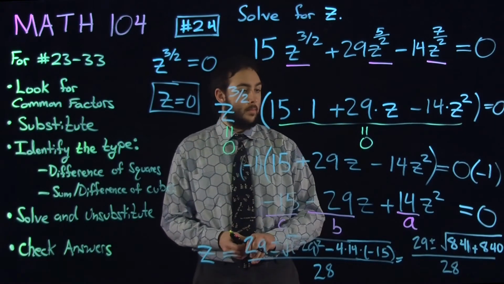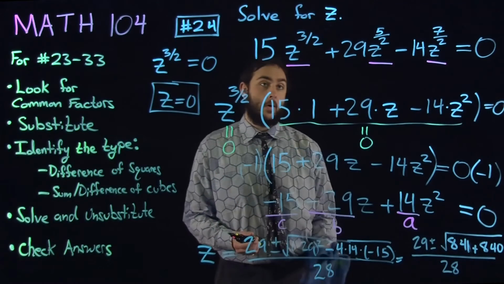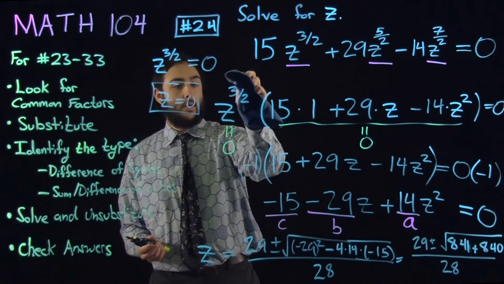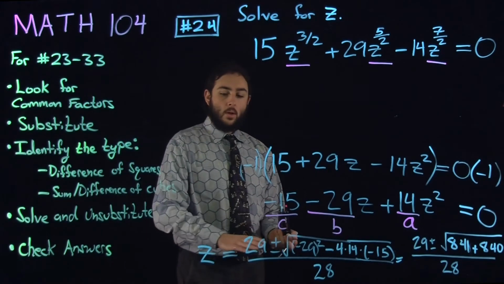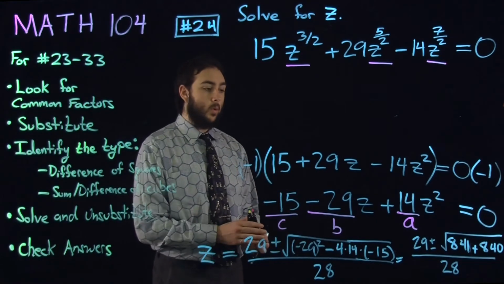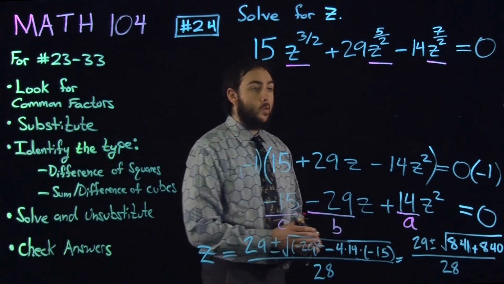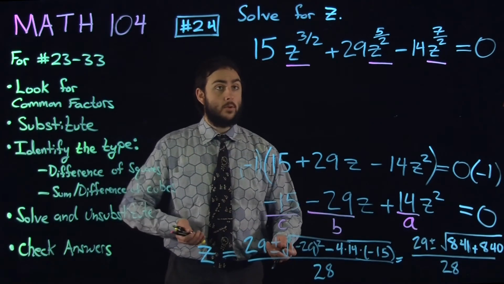Okay. At this point, I'm going to erase some of our earlier work just so we have a little bit more room for this arithmetic. At this point, we will get two solutions from the quadratic equation. One of them will be adding this square root term, and one of them will be subtracting the square root term.